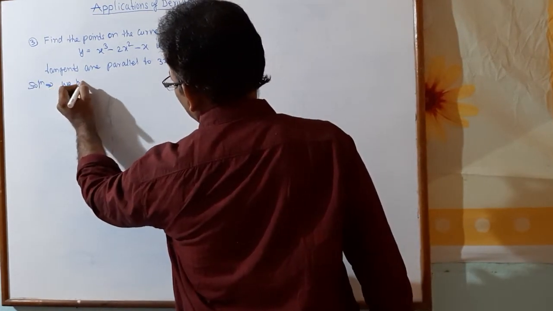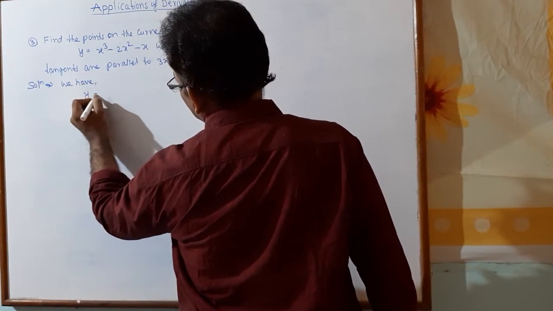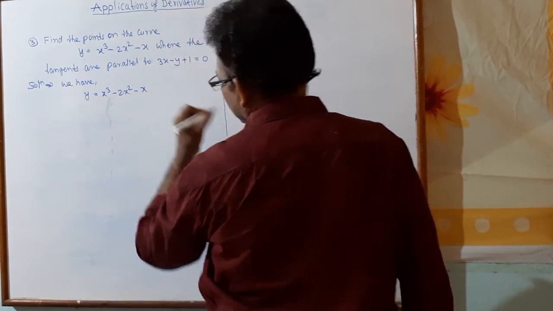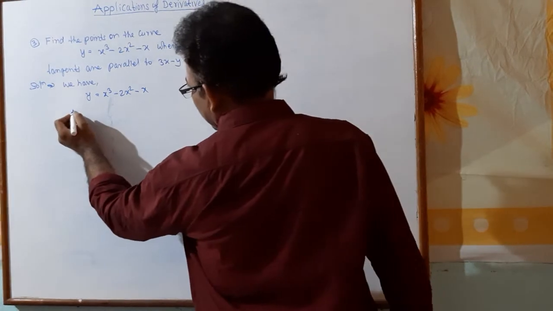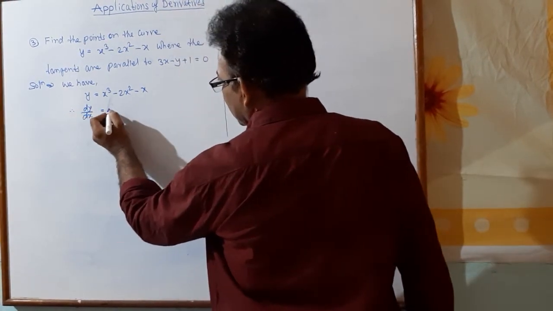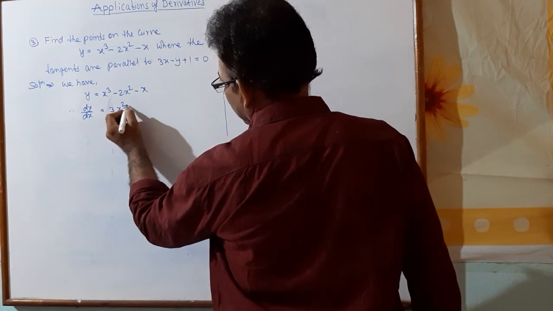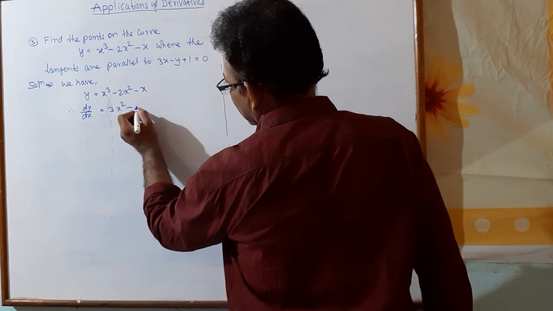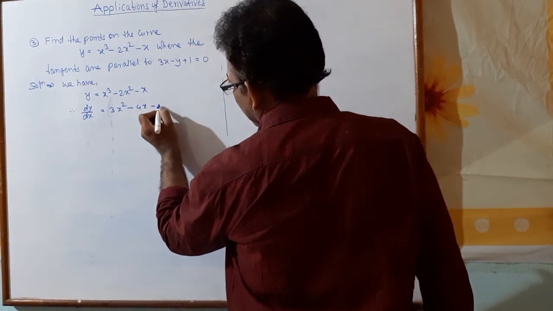So we have y equal to x cube minus 2x square minus x. First differentiate with respect to x. Therefore, dy by dx equal to the derivative of x cube, 3x square, minus the derivative of 2x square, that is 2 into 2, 4x, minus the derivative of x, 1.